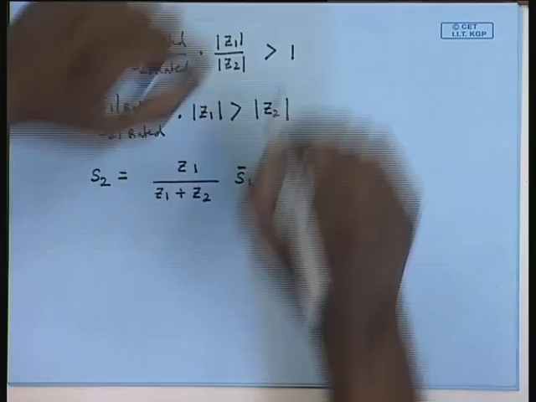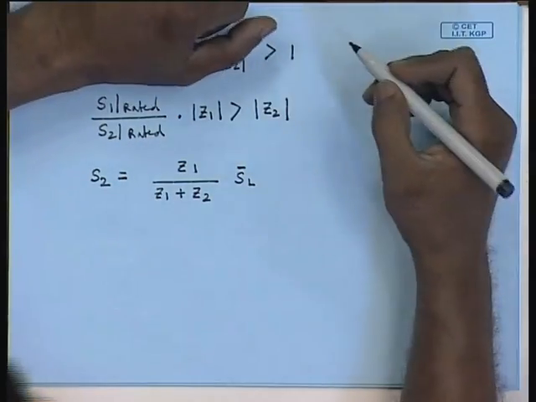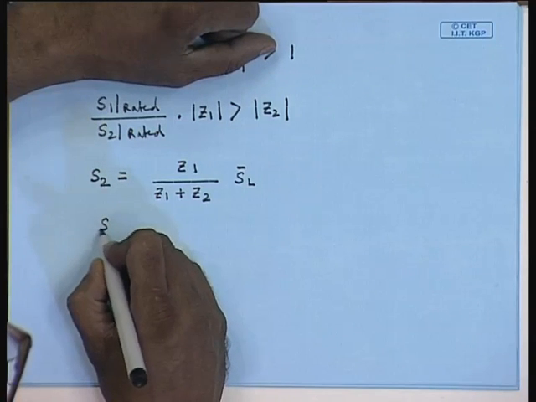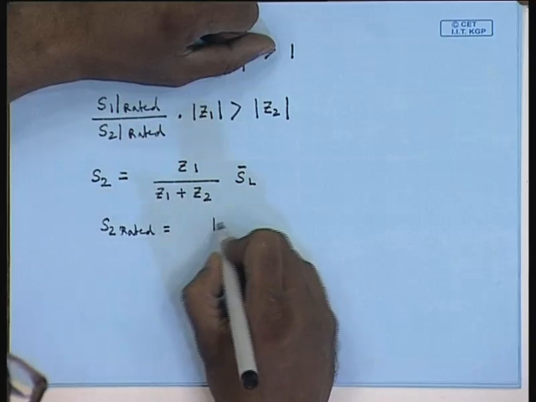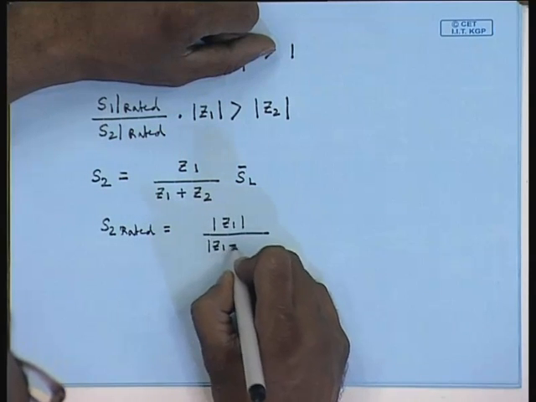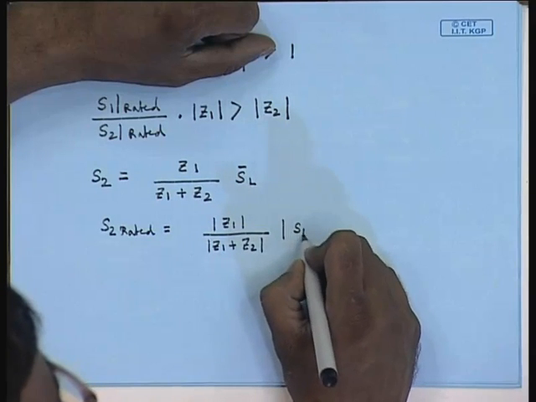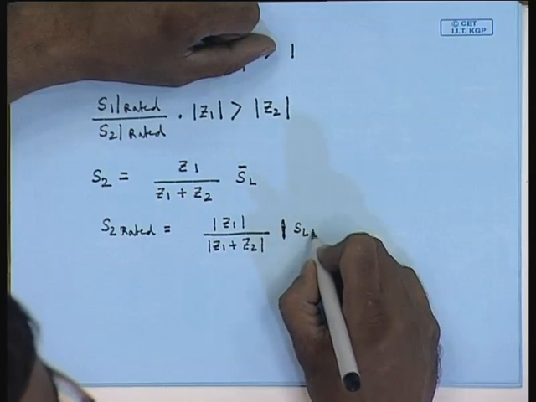Now, let us say under certain load condition S2 has reached its rated kVA, S2 rated. Therefore, S2 rated equal to |Z1| divided by |Z1 plus Z2| into |SL|, let us say SL max.